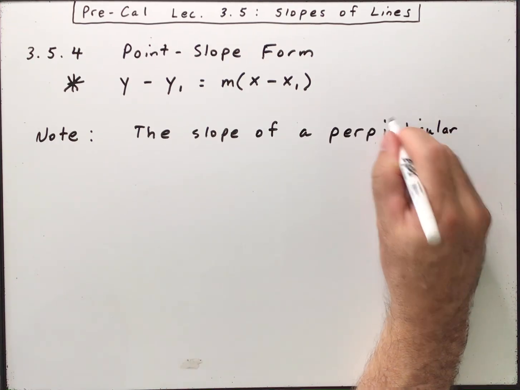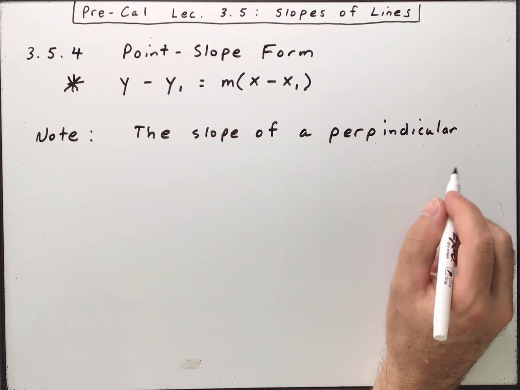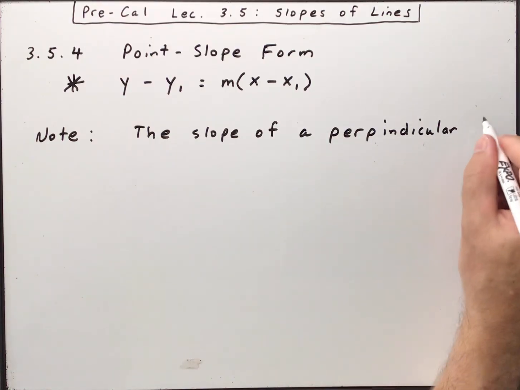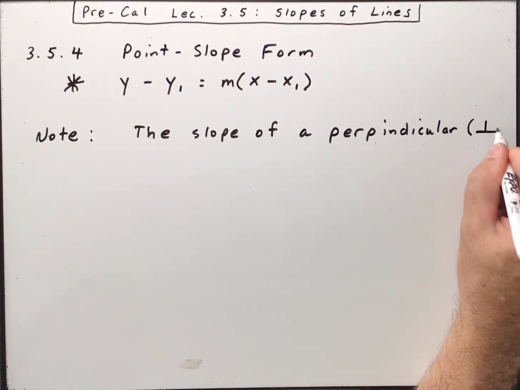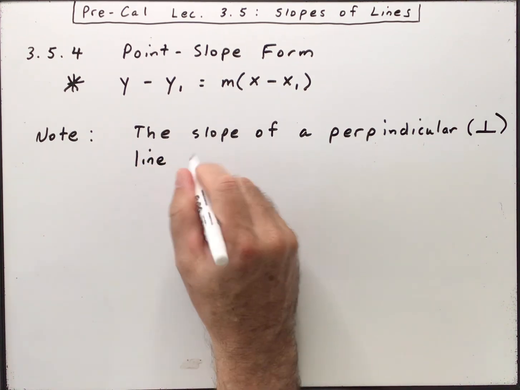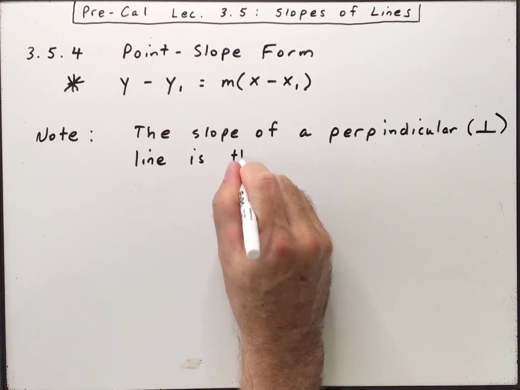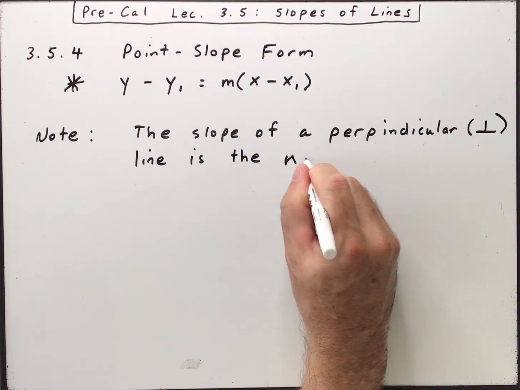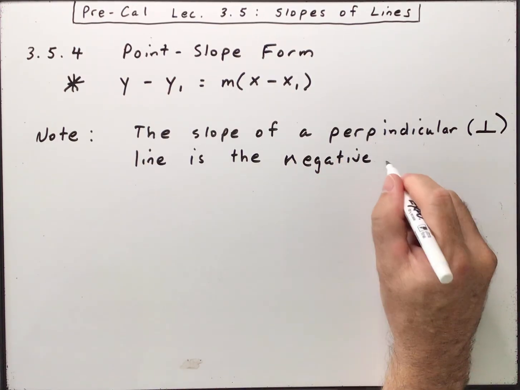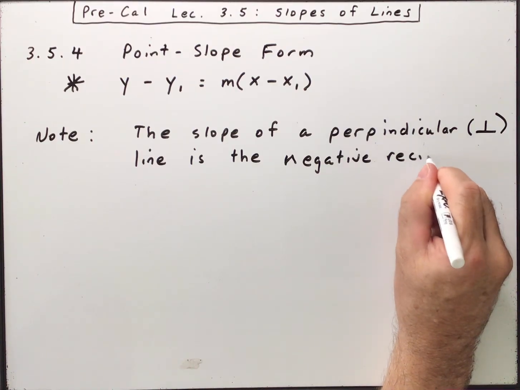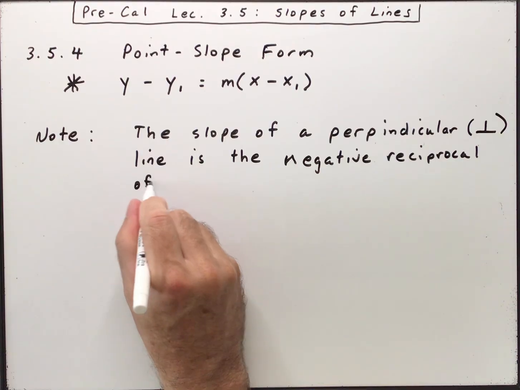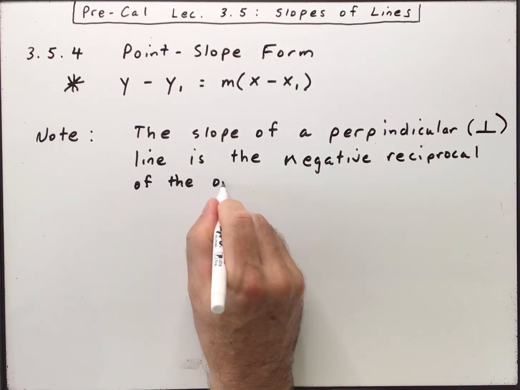That may be an E there, but I'm going to go with an I. Perpendicular line. So the symbol for perpendicular would be like that. Is the negative reciprocal of the original slope.